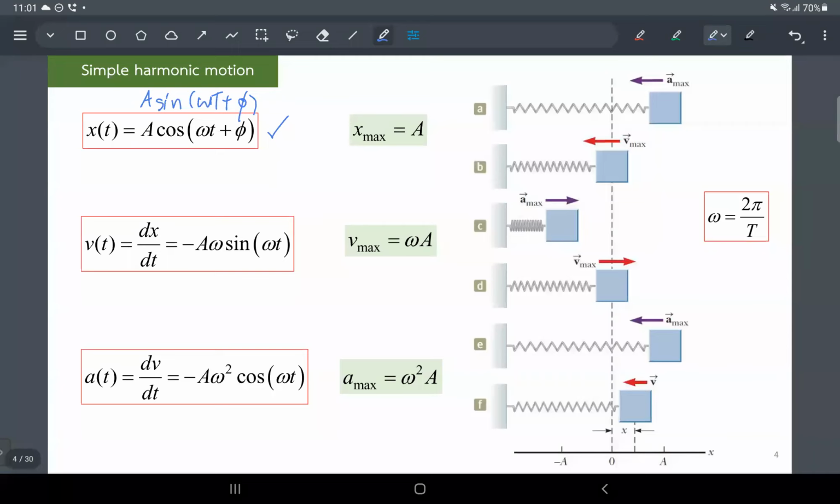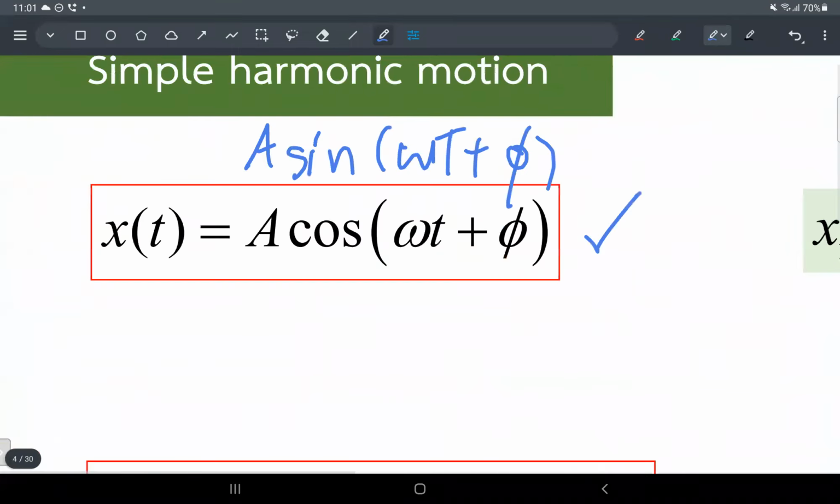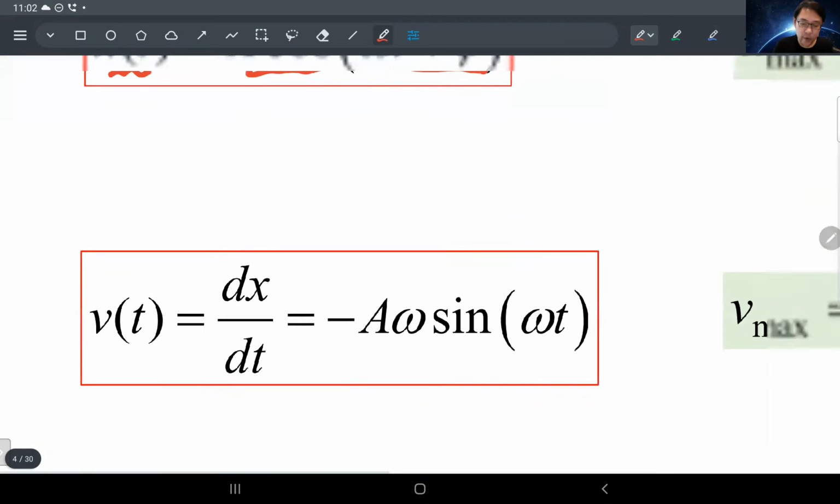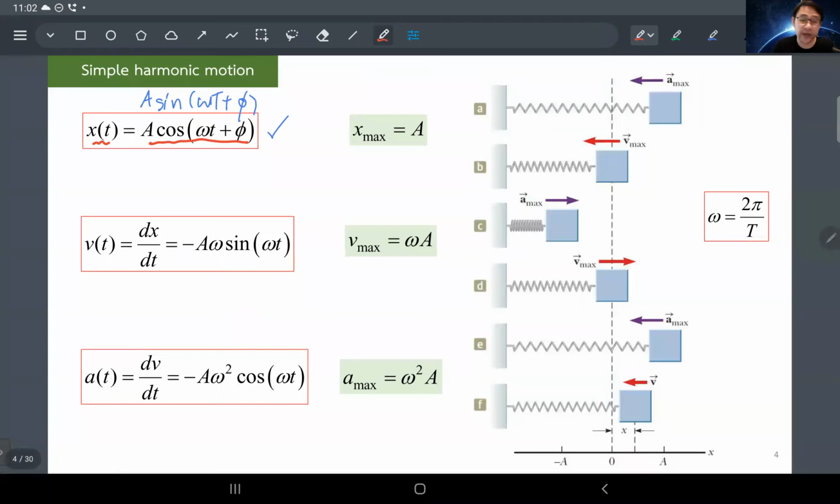Okay. So what we are going to do next is, once we have this, the reason why I am so focused on this so much is because once you have this down, you know everything about this motion. It's done. This motion has already been described fully. Once you know x as a function of time, if you ask me what is the speed, what is the velocity of this, all you need to do is take the derivative of x with respect to time.